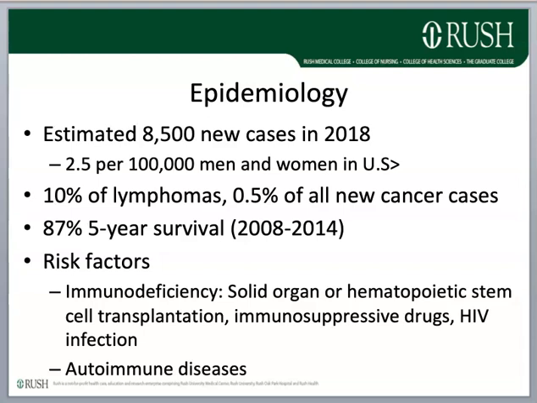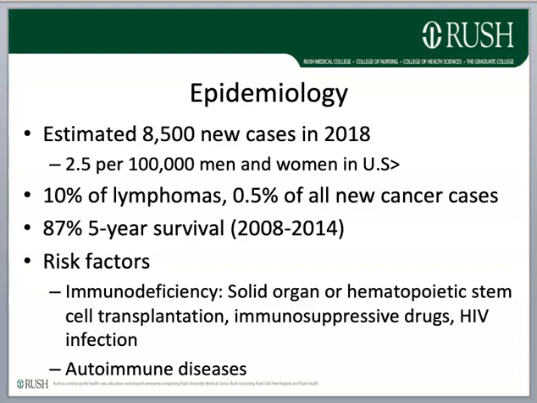Let's talk about the epidemiology of Hodgkin lymphoma. The incidence has increased in a number of different settings associated with immunodeficiency, including solid organ or hematopoietic stem cell transplantation, therapy with immunosuppressive drugs, and in particular, HIV infection.